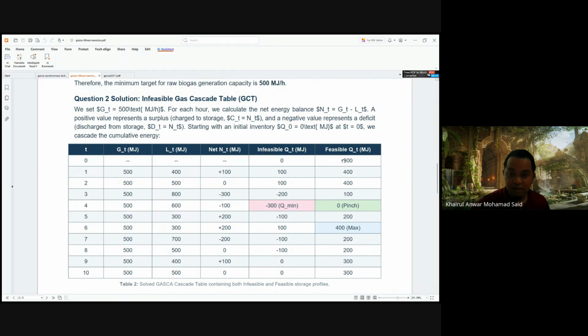So this one, you need to recalculate based on the feasible QT here. You need to find out the P value first.